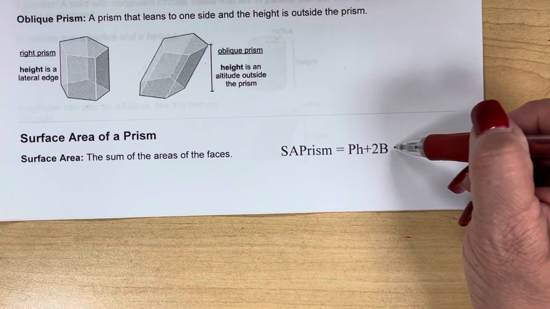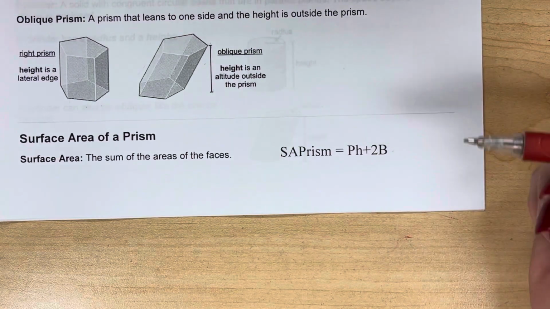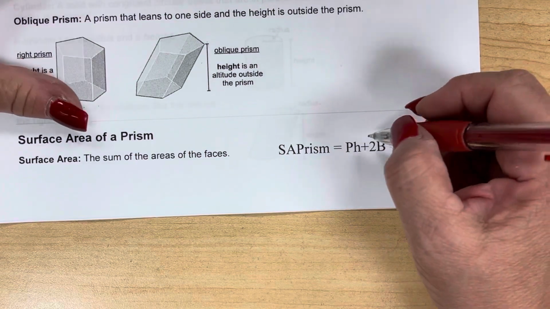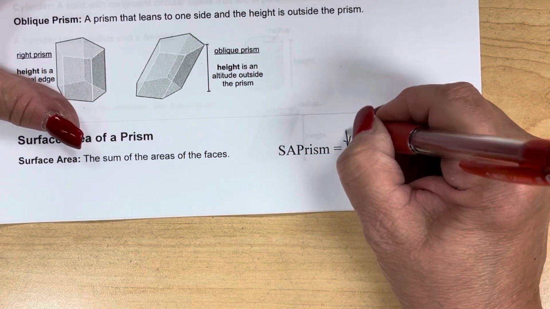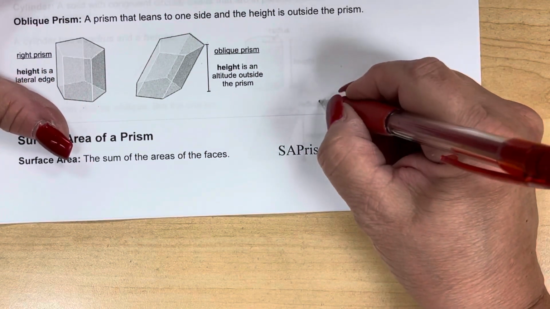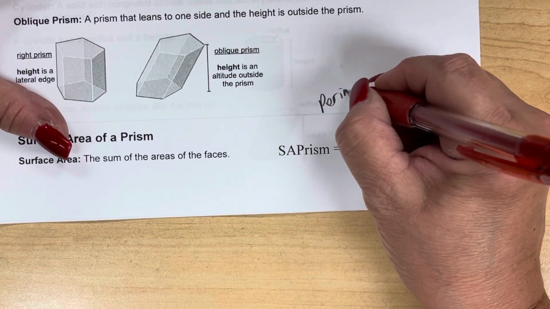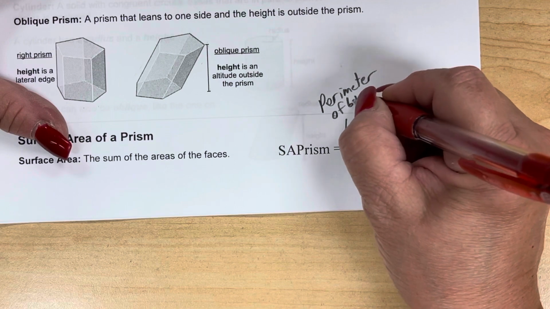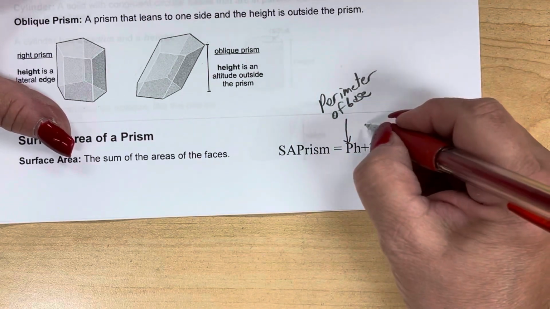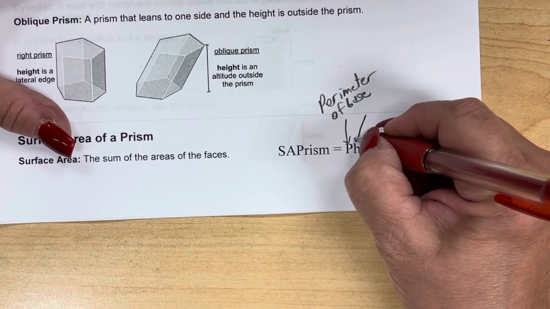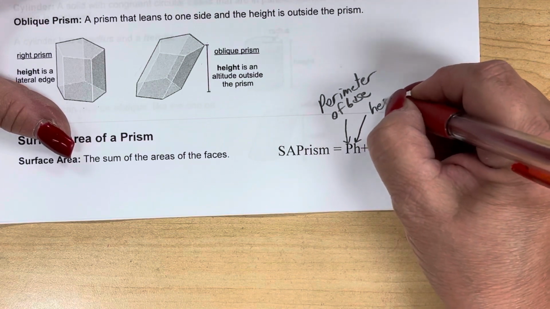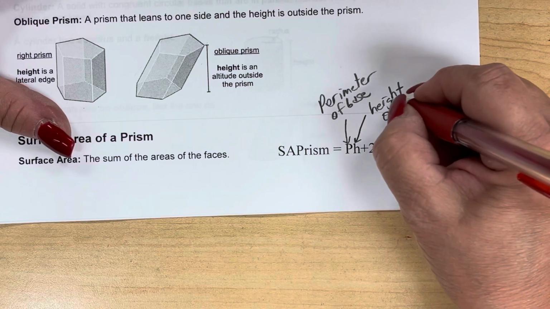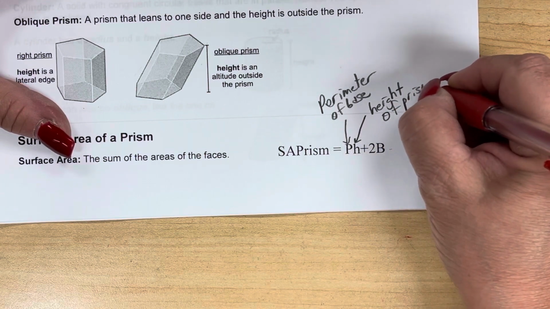Or you can follow this formula, okay? It takes a little bit of time, but it's not a big deal. This large P stands for the perimeter of the base. So you're going to find the perimeter of the base, and that gets multiplied by the height of the prism, okay?